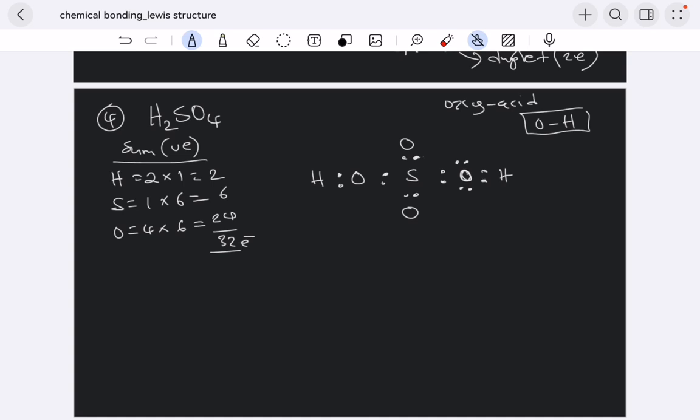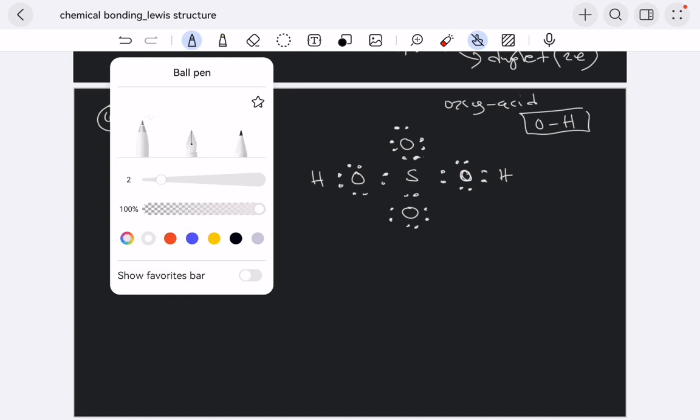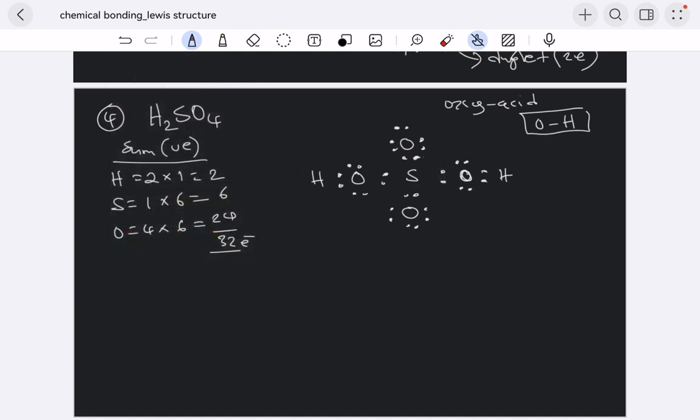So if we count 2, 2, 2, 2, 2, 2, 2, 2, 2, 2, 2, 2, then we have to count the number of electrons. So we have 1, 2, 3, up to 32.